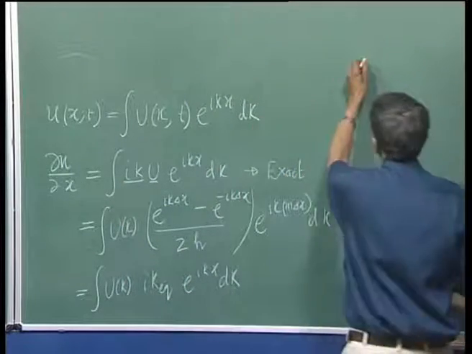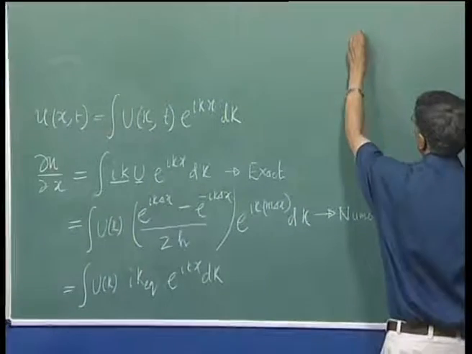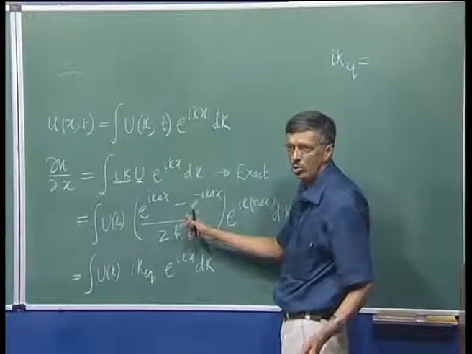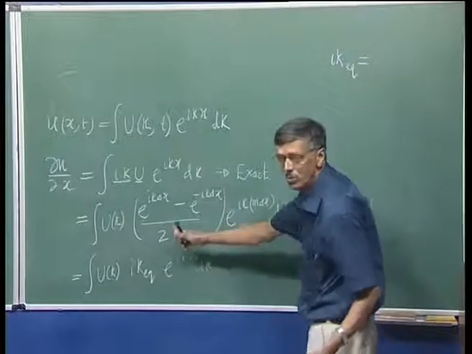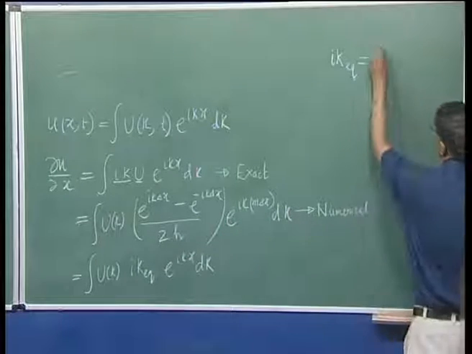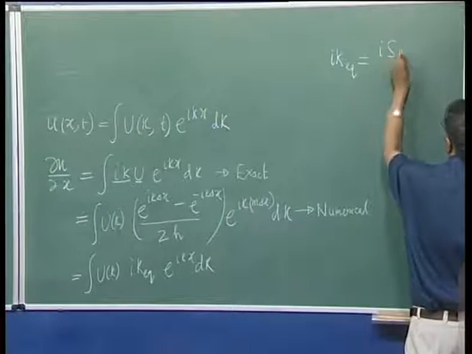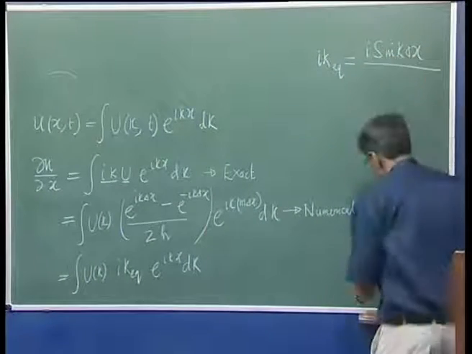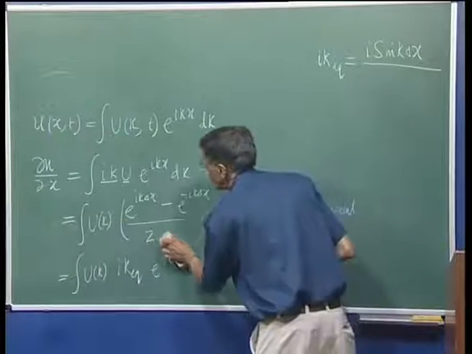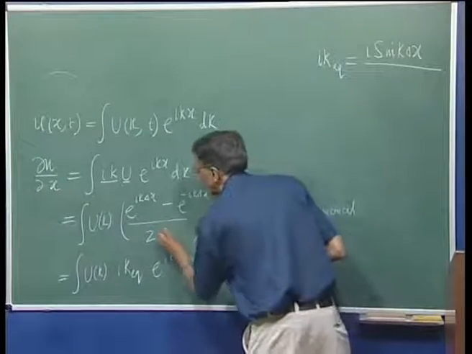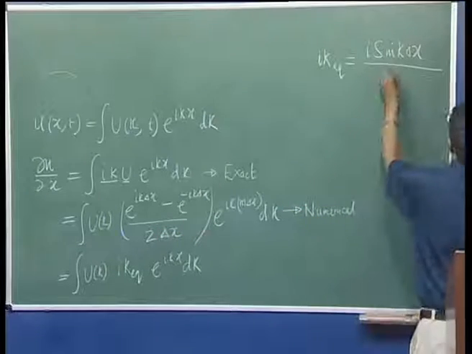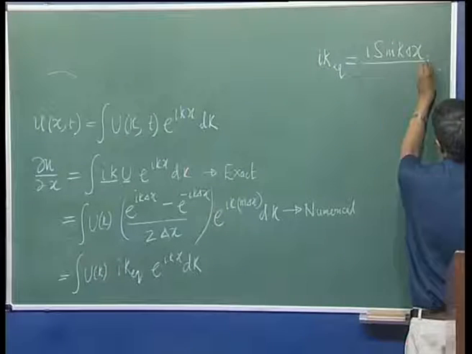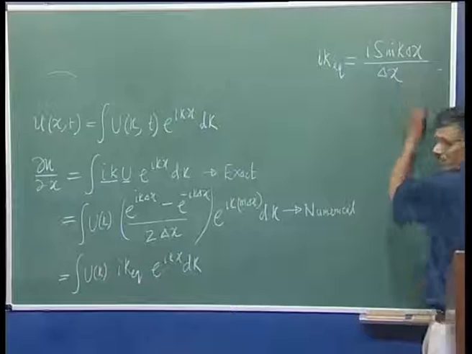And what is this i k equivalent? i k equivalent is this quantity, and what is this? 2 i sin k delta x, right, by 2 h. So, that I will get equal to i sin k delta x divided by, well, I am mixing up. So, instead of h, let me write this as delta x. So, I am going to get this as equal to i sin k delta x by delta x.